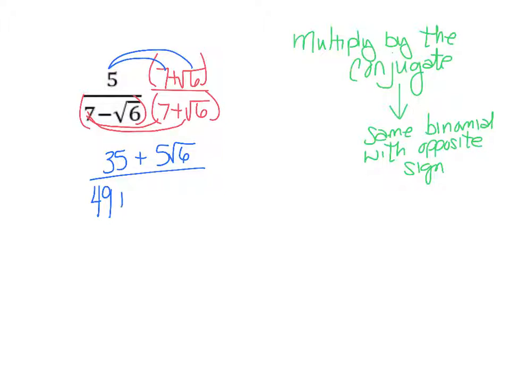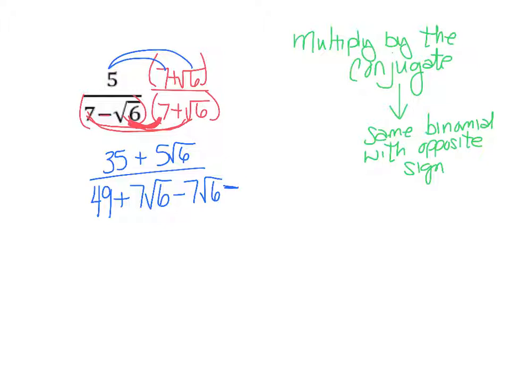That's a positive 7 root 6. Now we're going to multiply the inner. Well, it's still a 7 and a root 6, but this sign is minus, so it's going to end up being a minus 7 root 6. And last is going to be a negative times a positive, so it's a minus root 6 times root 6 is 6.